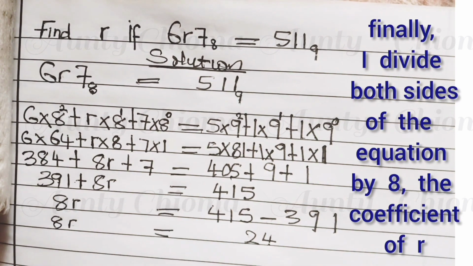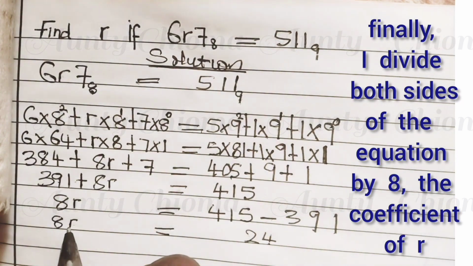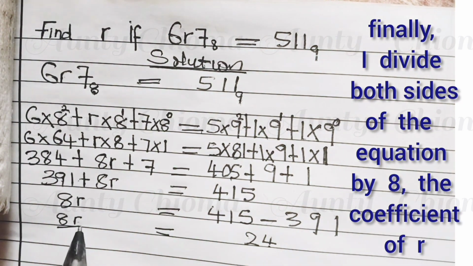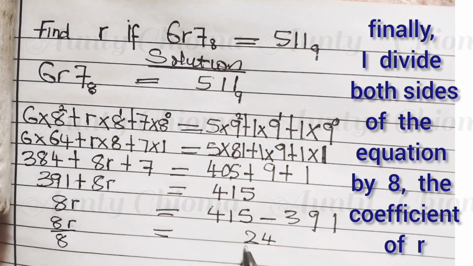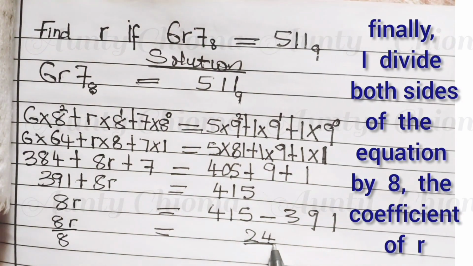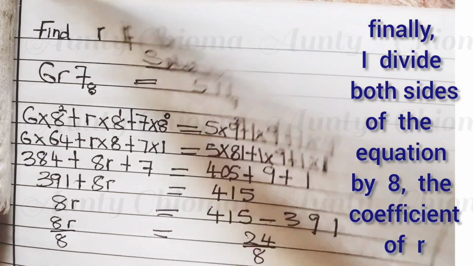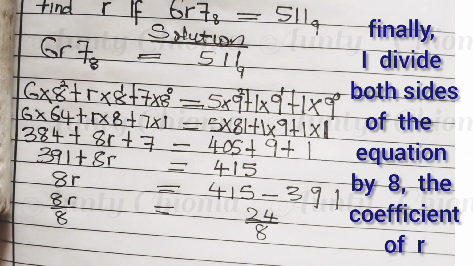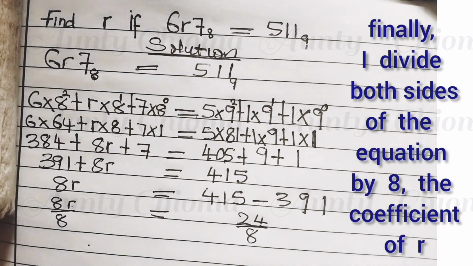I will divide both sides of this equation by 8, which is the coefficient of R. So I will now say 8R divided by 8 equals 24 divided by 8.